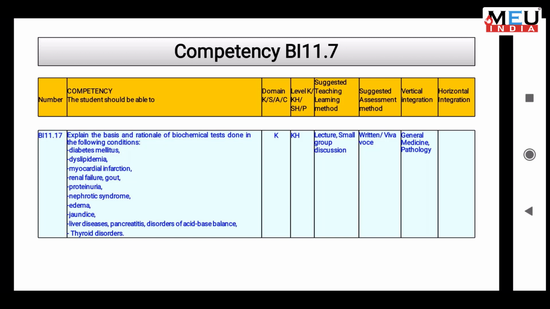When we discussed all together, we decided to present one or two of these in detail so that we can have an idea on how to conduct these sessions with our experience. So we'll go ahead with two of these, one on diabetes and one on proteinuria.